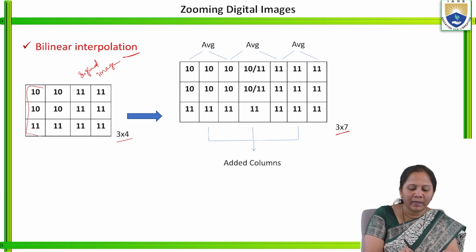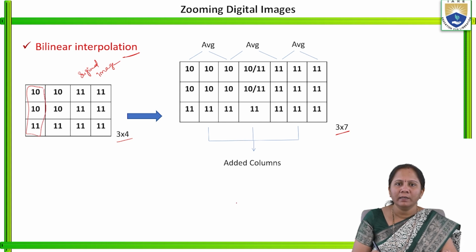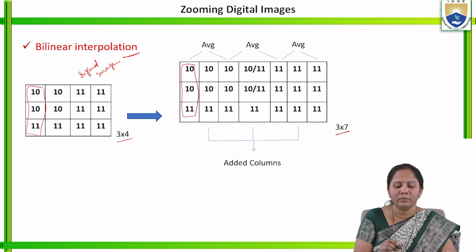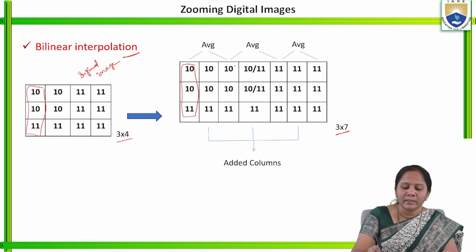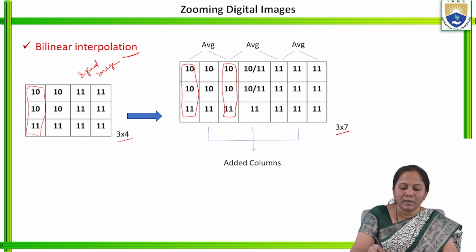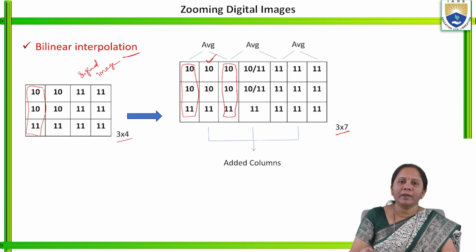So here we have 10, 10 and 11. This is the column which we have taken from the original image. And this is the extra column we have added, and new intensity values will be generated.